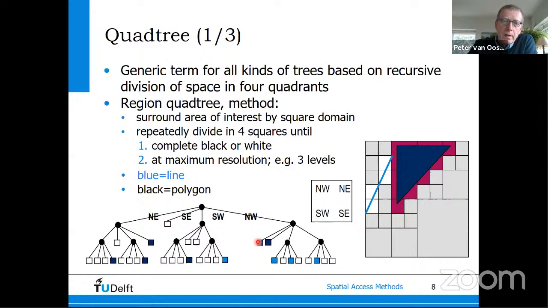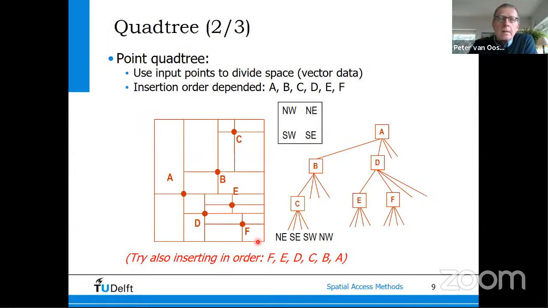So having a leaf node at a higher level is a kind of shortcut to avoid storing too many branches in the tree. And we are worried about these kind of things because spatial data is often a lot of data. Okay, that was a line and a polygon being approximated by the cells of a quadtree.